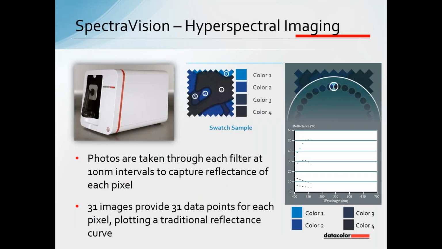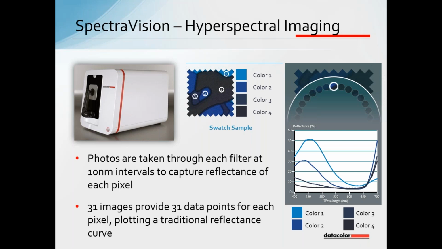Now, it is new technology that we call hyperspectral imaging. Rather than making a single measurement that produces a single reflectance curve for everything in the aperture, we're actually taking a series of photographs at 10 nanometer intervals to capture the reflectance of every single pixel. So within this image, we're going to actually have 640,000 reflectance curves.